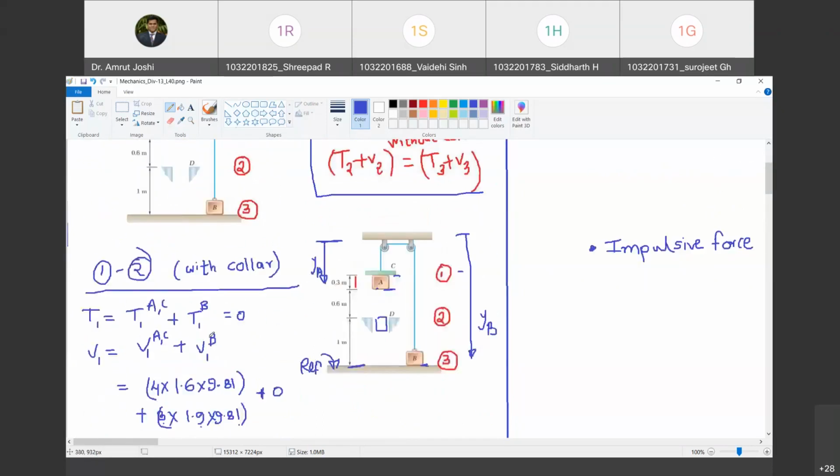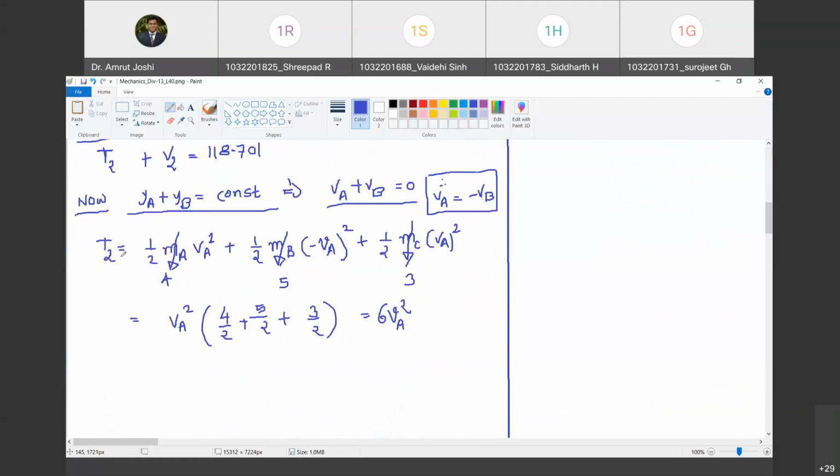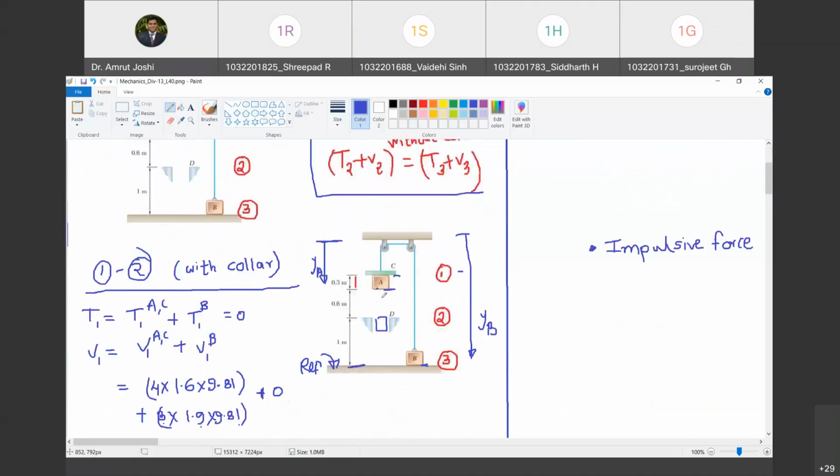Now let us write down the kinetic energy of the entire system when block A has occupied position number 2, the collar is yet attached to block A and it is about to get separated. So what is the kinetic energy? Half MA VA square plus half MB square, but VB is minus VA, so I will substitute minus VA here, plus half MC VA square itself, because till this time block A and block C are traveling together.